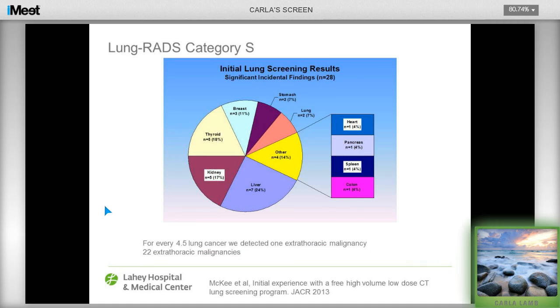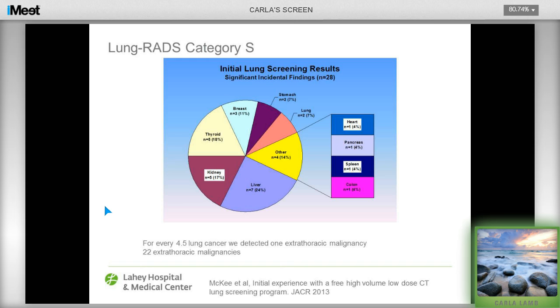I think a lot of folks are interested in what else we found. The S category: for every 4.5 lung cancers detected, there's 1 extrathoracic malignancy picked up. Although these numbers are not huge, the total significant incidental findings over time were 28, and there's a wide spectrum. It goes without saying, because of what the CT scan encompasses, we're picking up a lot of other things, not to mention benign significant things, specifically coronary calcifications.